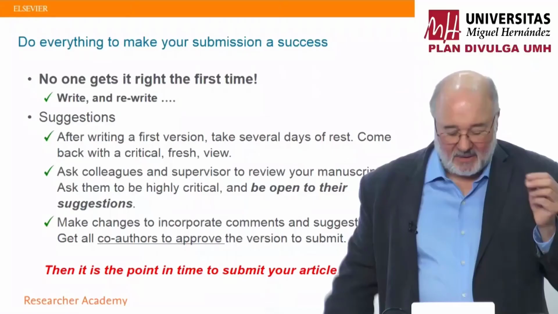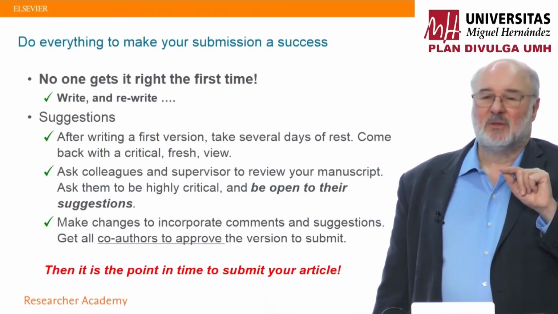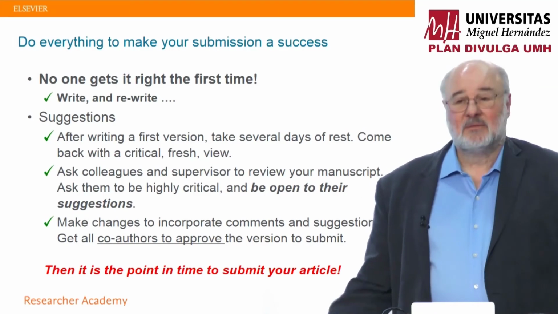Then they give their suggestions, which you might not like, you might like. Then between you, the co-authors decide, okay, here's the suggestions, which ones are we going to do, which ones are we not going to do, who's going to make these changes, you make the changes. You polish up the paper so it's as best as it can be. Make sure all the co-authors agree this version. Then you submit it.